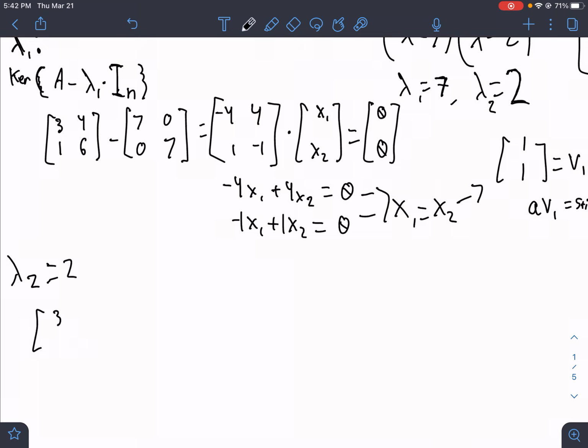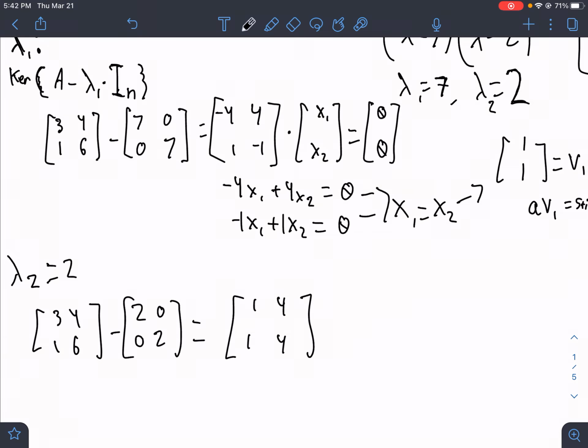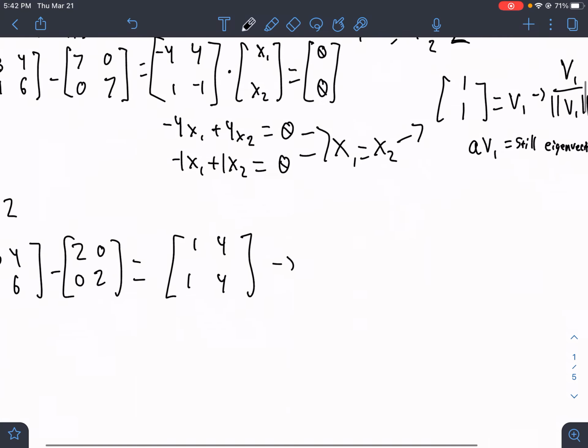So we get [3, 4; 1, 6] minus [2, 0; 0, 2], which gets us [1, 4; 1, 4]. So we know that x1 is equivalent to negative 4x2.